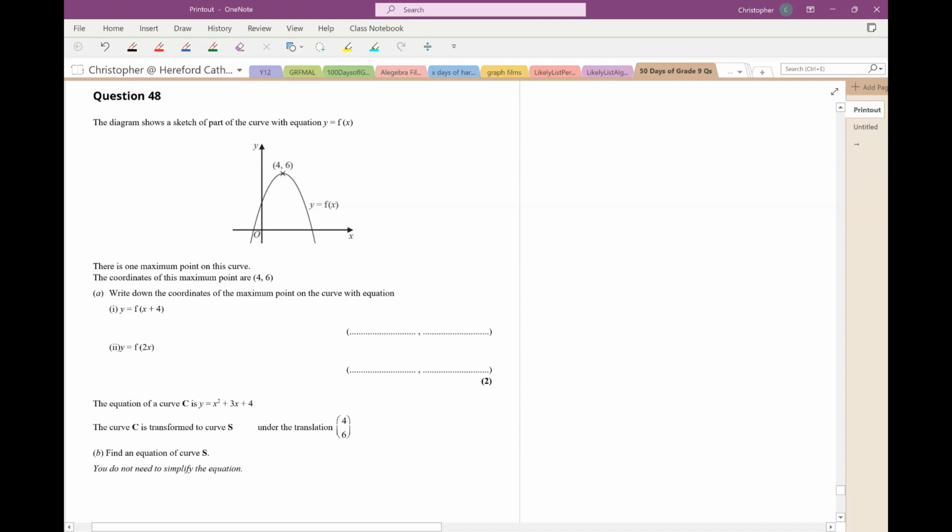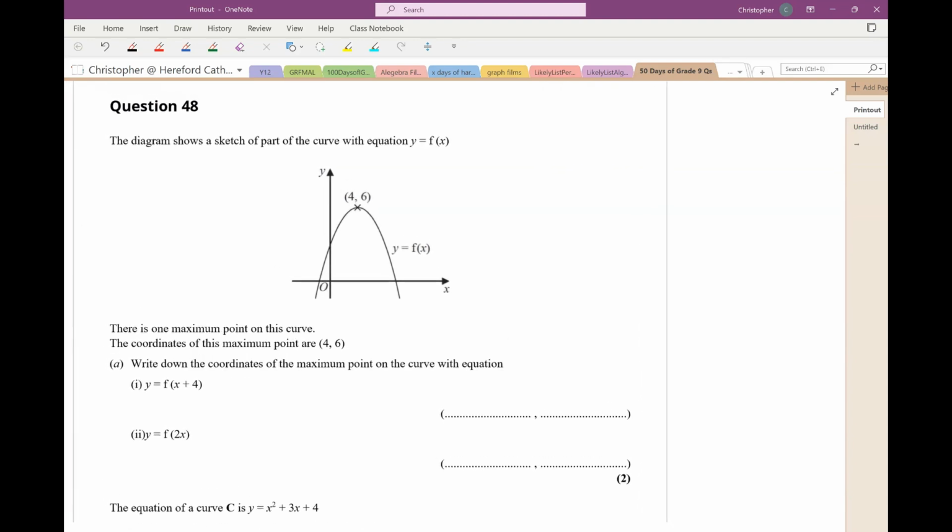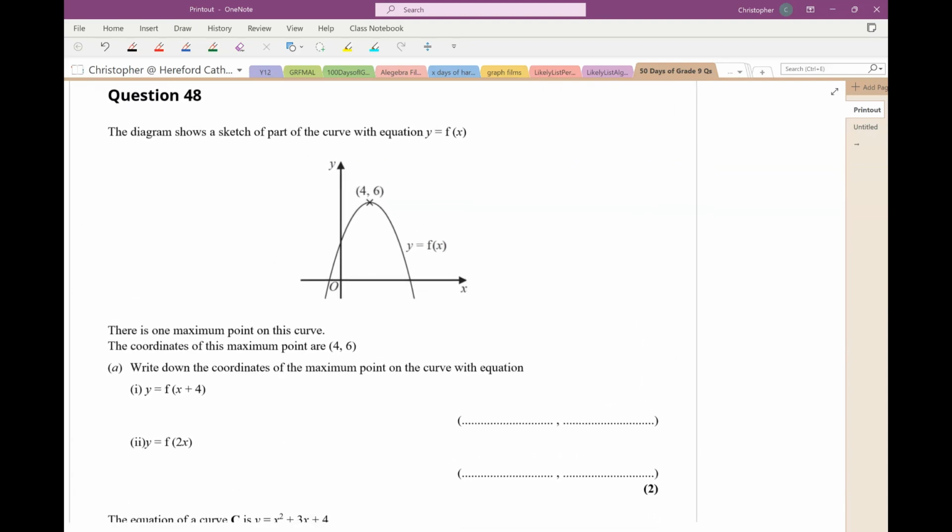Question 48. The diagram shows a sketch of part of a curve with the equation y equals f of x. There's one maximum point, marked at 4, 6. The coordinates of this maximum point are 4, 6. Write down the coordinates of the maximum point on the curve with the equation y equals f of x plus 4.